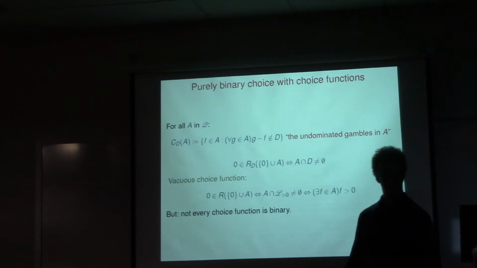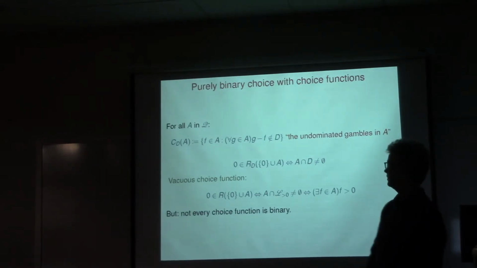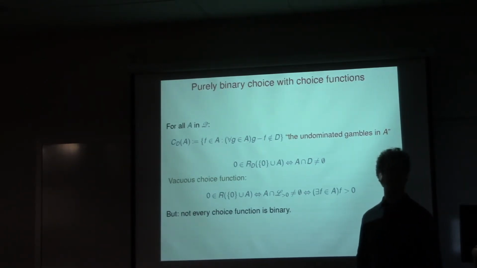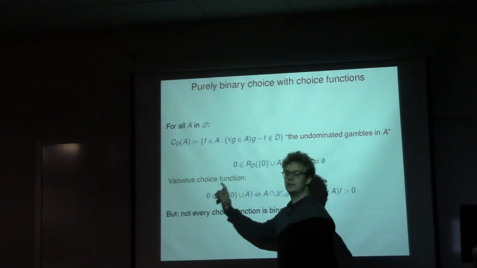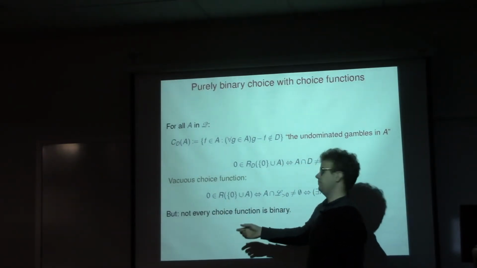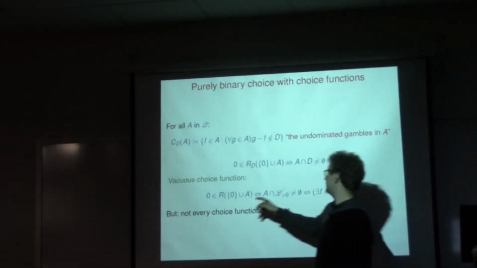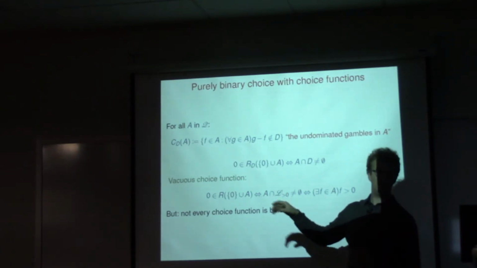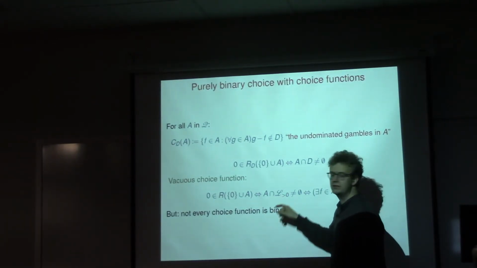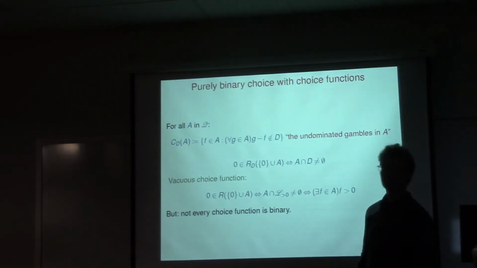Is there a smallest choice function? Yes. It turns out that there's a unique smallest choice function, and it's the one that rejects 0 if and only if there's a positive gamble in A, again with this relation pointwise non-strict, but as a gamble not equal.